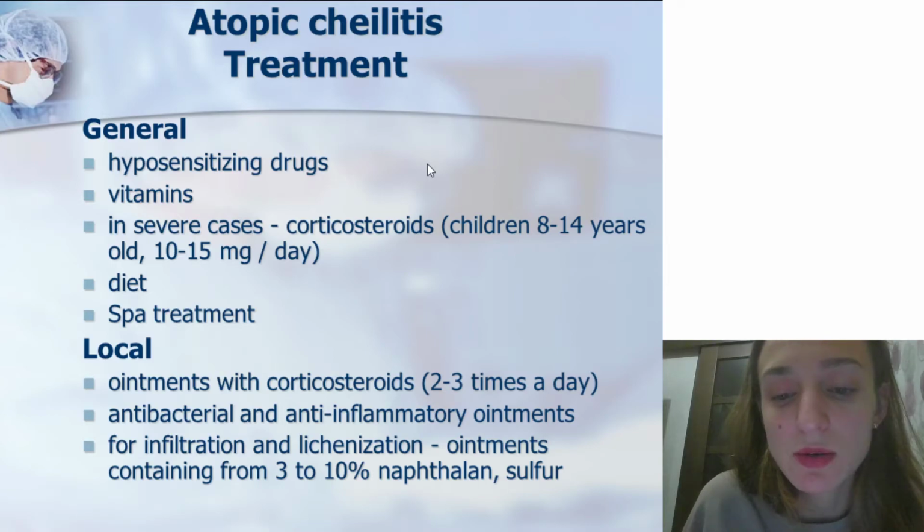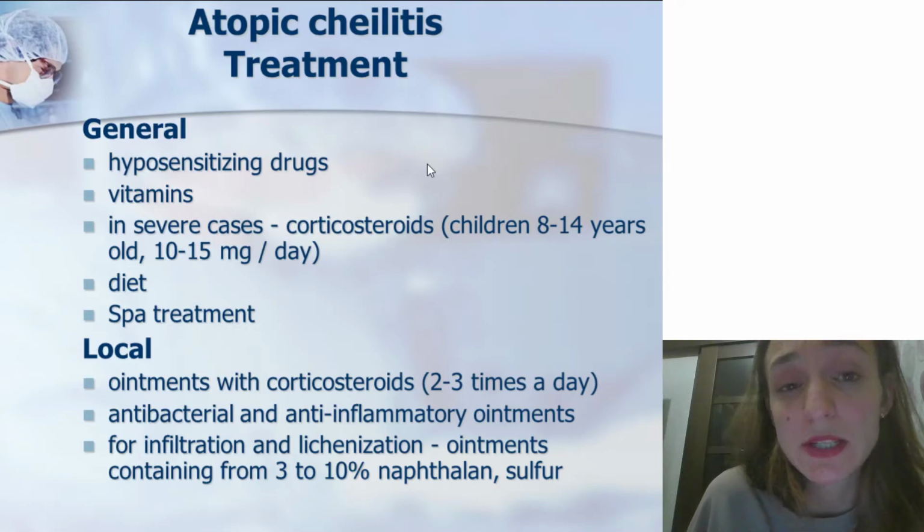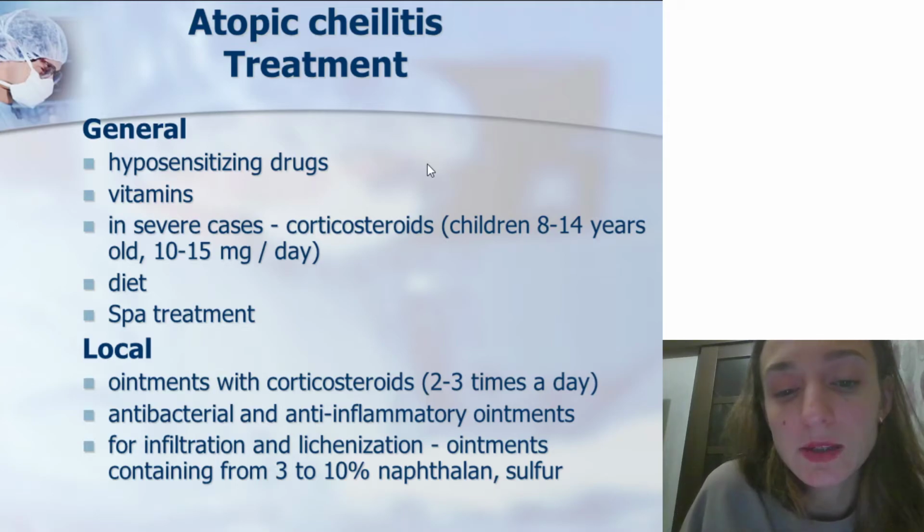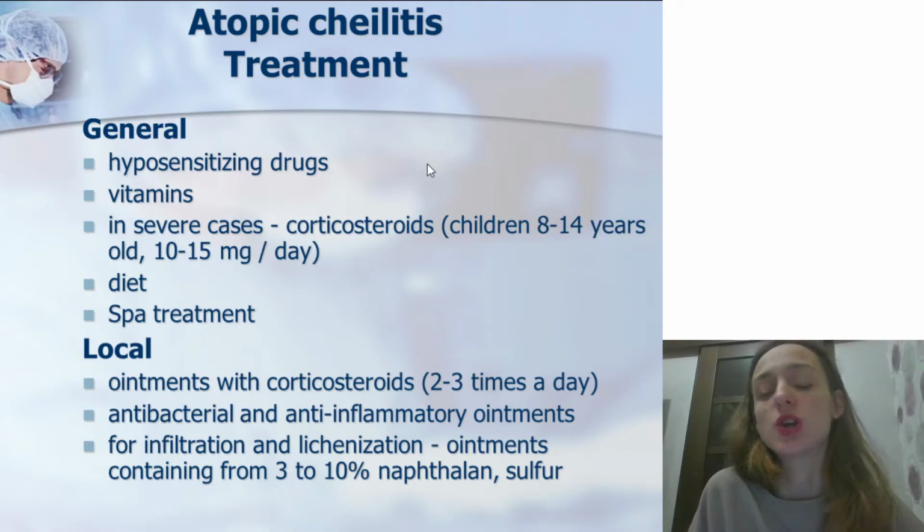In case of significant infiltration and localization, ointments containing from 3 to 10% of naphthalene and sulfur are recommended. It is advisable to avoid consumption of carbohydrates and spicy food. For prevention of cheilitis relapses, a long-term stay in the south region is recommended for the child.